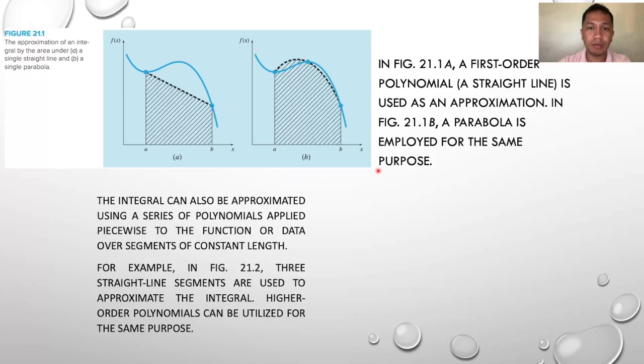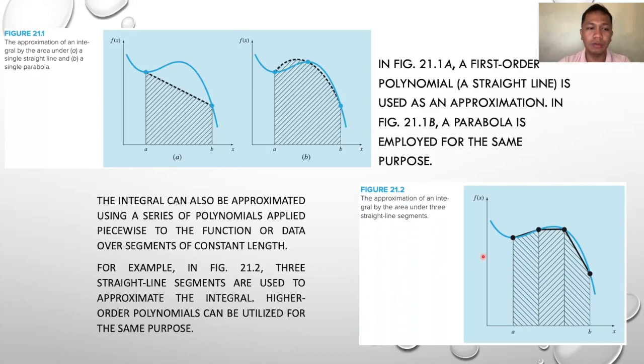The integrals can also be approximated using a series of polynomials applied piecewise to the function or data over segments of constant length. For example, in figure 21.2, three segments are used to approximate the integral. Higher order polynomials can be utilized for the same purpose.